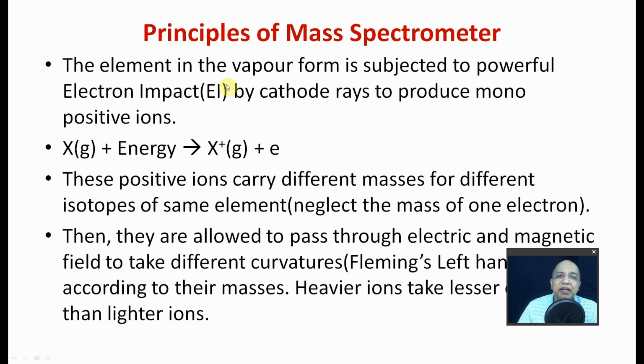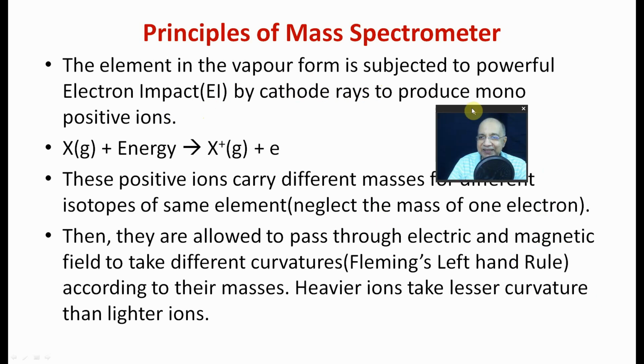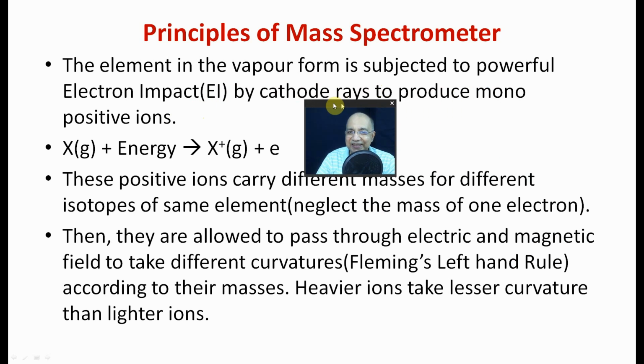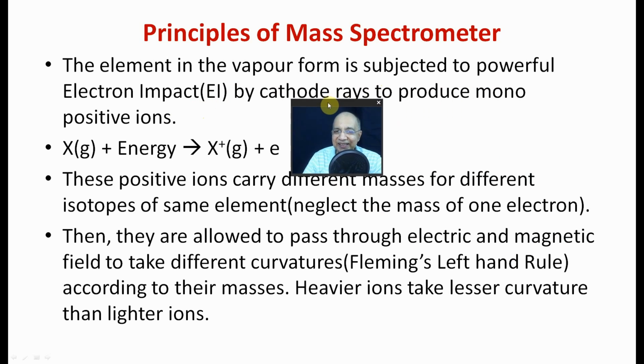First, the element is vaporized, and the vapor of the element is subjected to powerful electron impact. So what happens when the atoms in the vapor state are subjected to powerful electron impact?